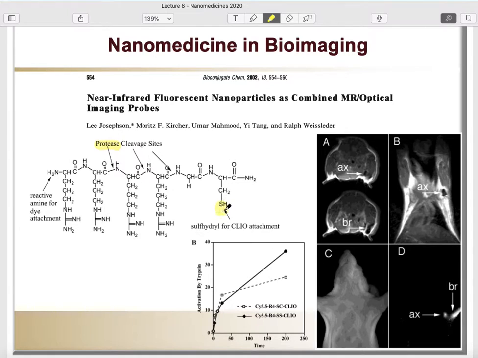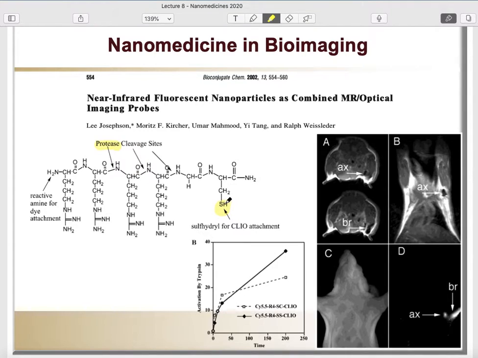So notice that here we have a sulfhydryl group or a thiol group. Remember that we can use thiol groups to enable binding to gold nanoparticles. In this particular case, they were not using gold nanoparticles, but instead magnetic nanoparticles, specifically superparamagnetic iron oxide nanoparticles. And the chemistry of binding to those particles is the same as the chemistry for binding to gold.